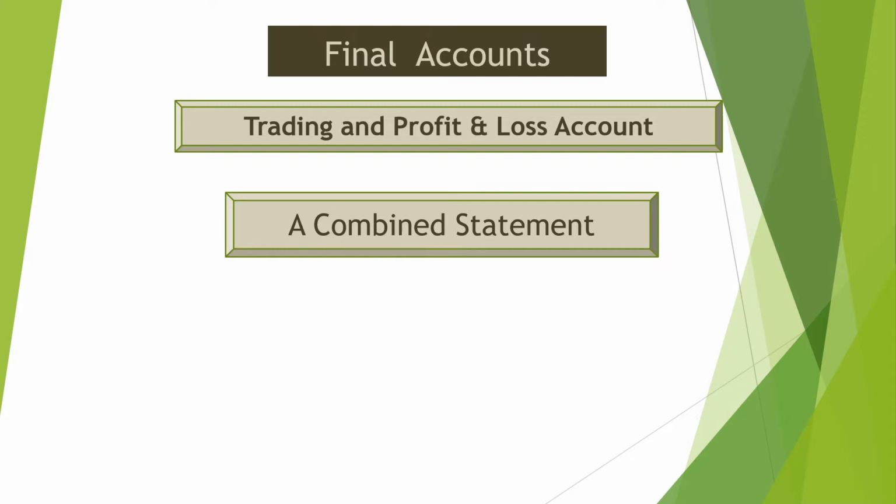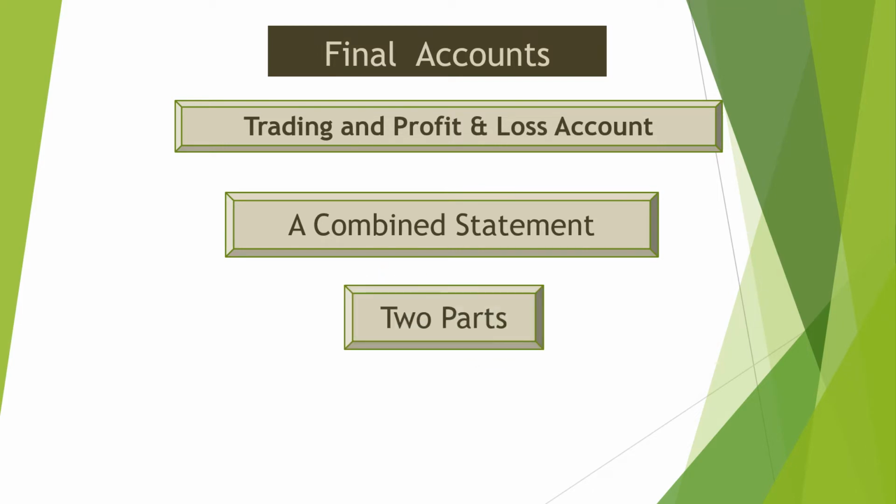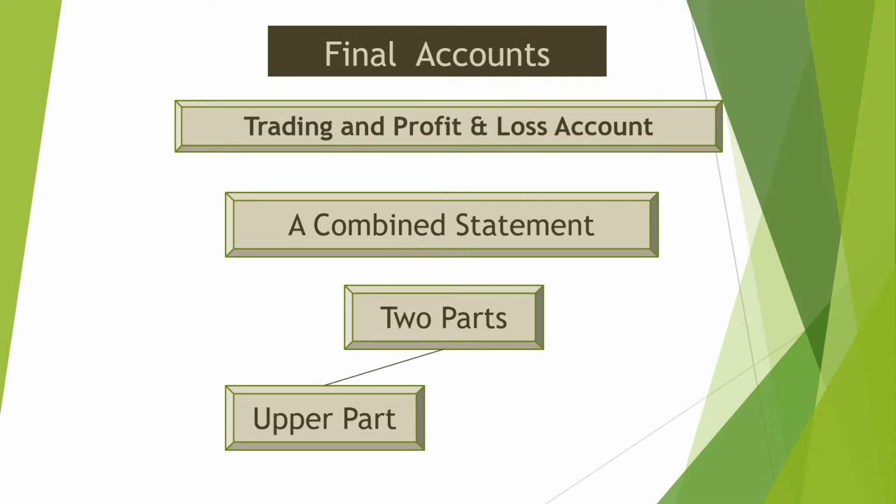The statement is divided into two parts. The first one is the upper part. The upper part is for factory revenues and expenses, and the difference of both will bring gross profit or gross loss.